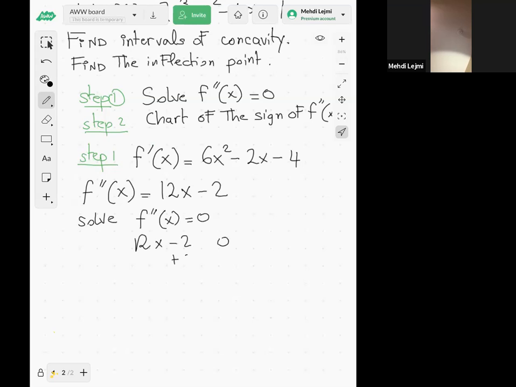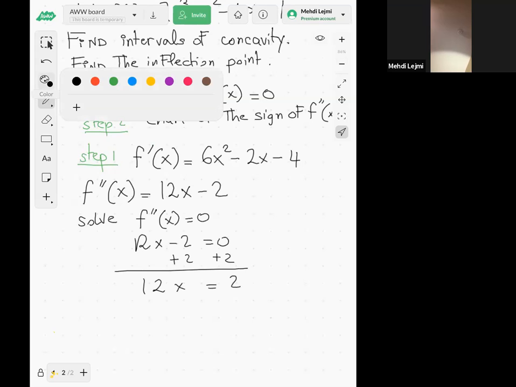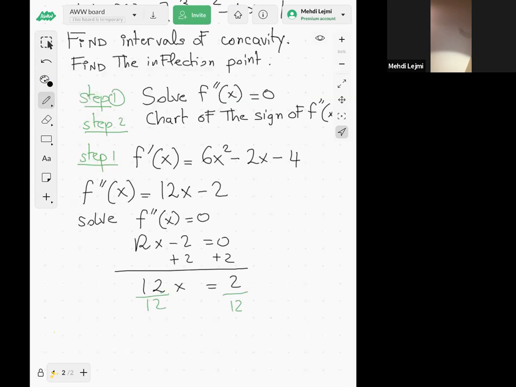Plus 2 on both sides, that's 12x equals 2. Divide by 12 over 12, so x is equal to 2 over 12, and that will be 1 over 6, right? So I got one solution.